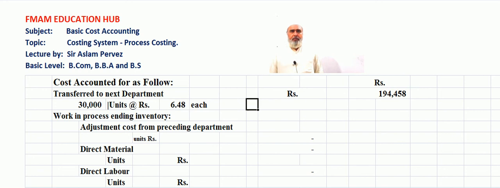Student, the cost of units transferred to the third department C is 1,94,450 rupees, and now we move next.